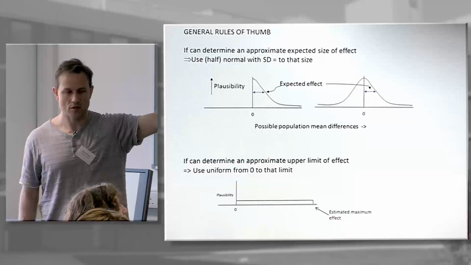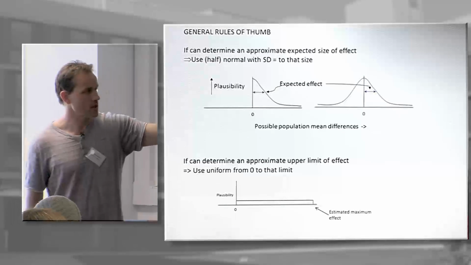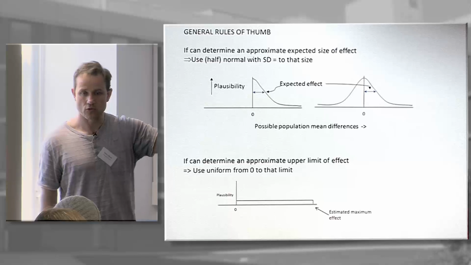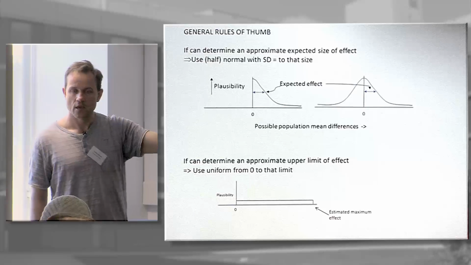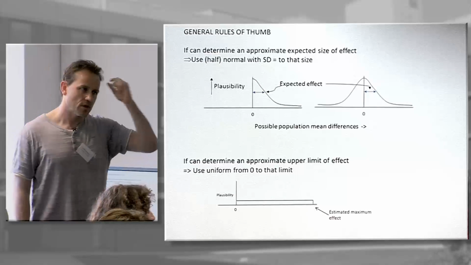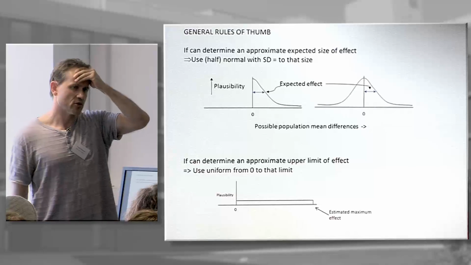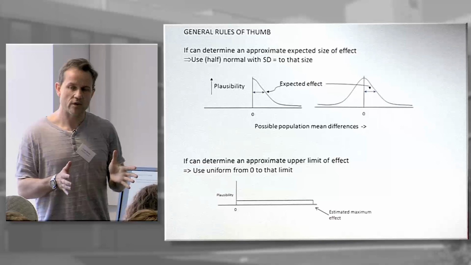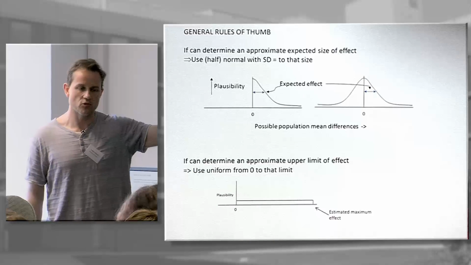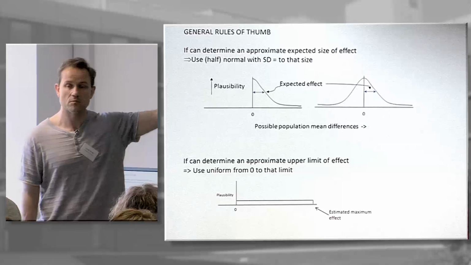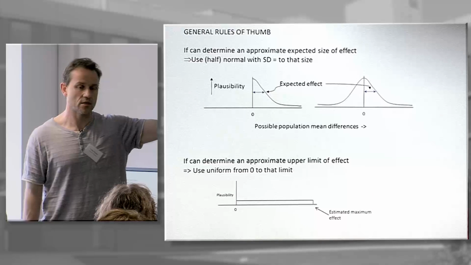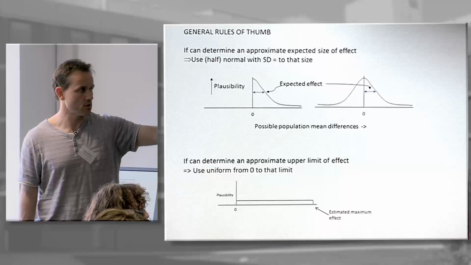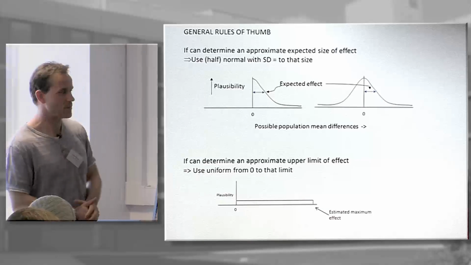So that's one rule of thumb. The other rule of thumb is, if I can think of an approximate maximum value, I do a uniform from 0 to that maximum. The maximum might not strike you as so intuitive, in the sense we're not used to thinking that way, but I actually found about half the time I use the uniform, because I can think of a maximum, and half the time I can think of a way of getting a roughly expected value in that situation. So I use those about equally.